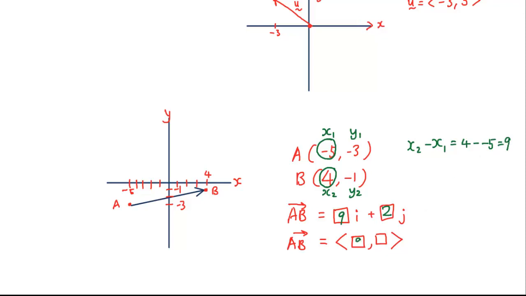So you can simply put 9 there, or y2 minus y1, which equals -1 minus -3, which is -1 plus 3, which is 2. So you can do that in order to find the vector joining 2 points.